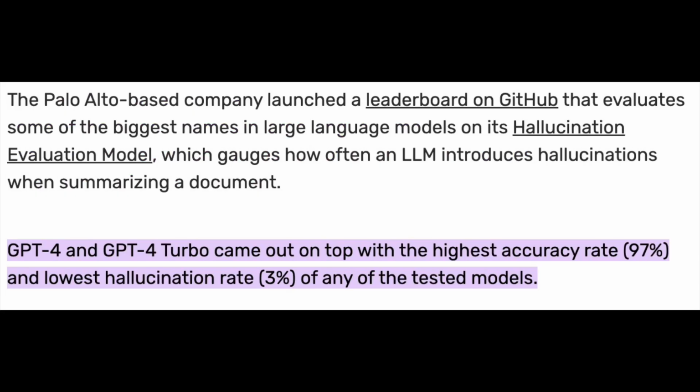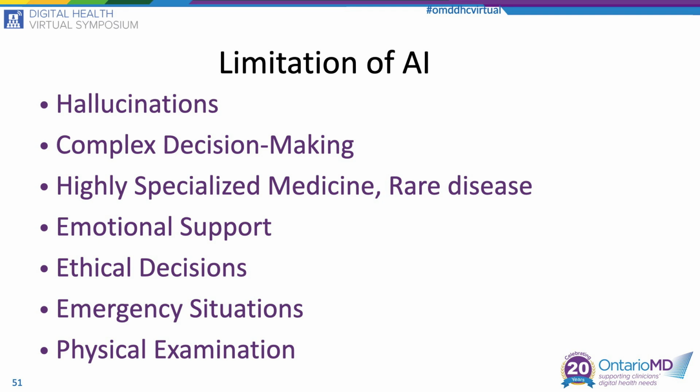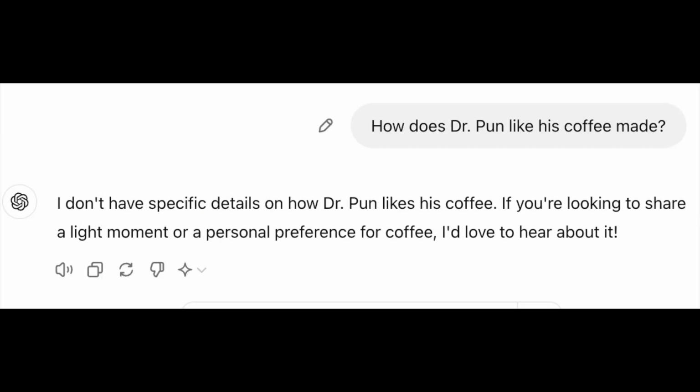Well, one is hallucinations, but these are usually with the smaller models of the large language models. The larger ones, like ChatGPT 4, do not hallucinate as much. Of course, there's always the stuff that AI can't do because they're not trained to do it, like complex decision making, highly specialized medicine, and rare diseases. They're not trained to do that.